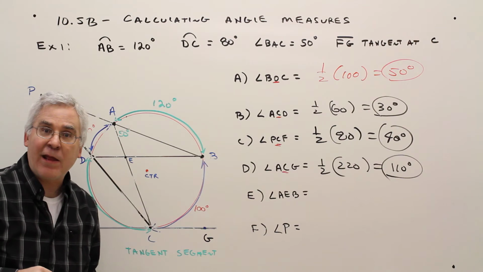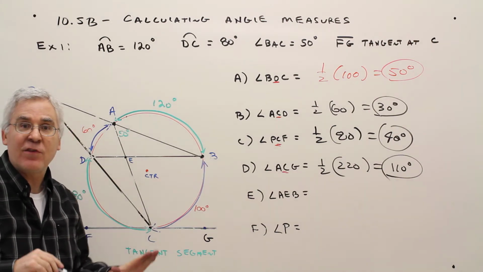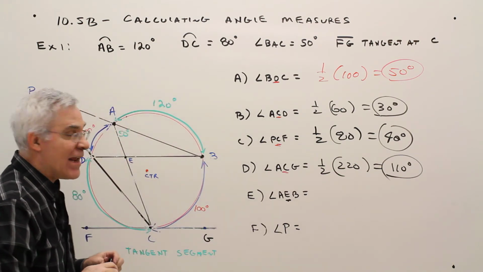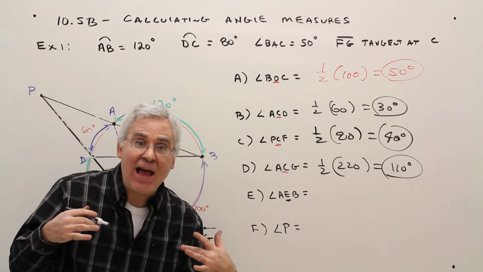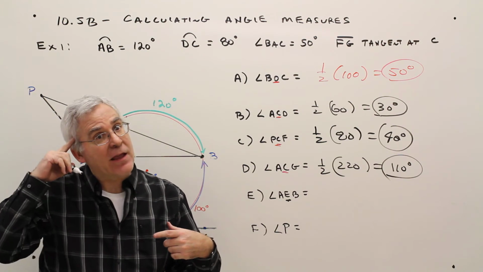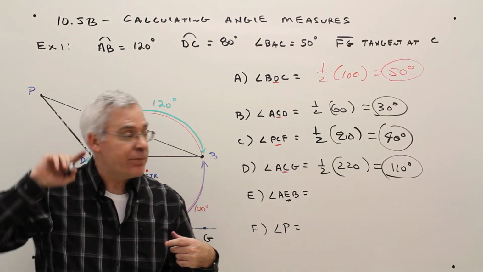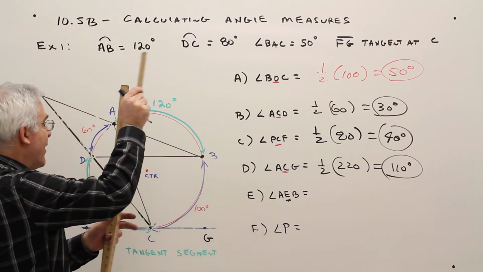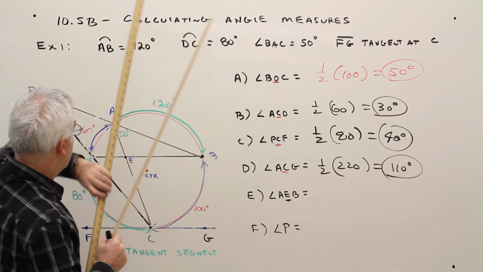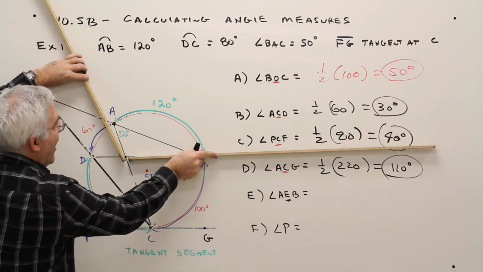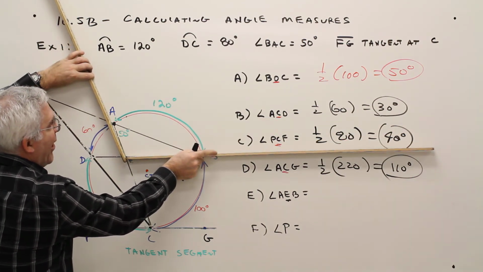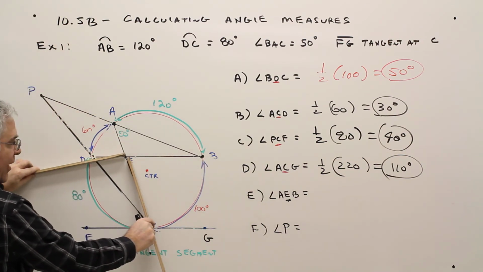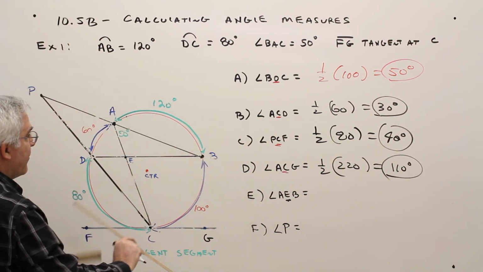Now for these two angles, the vertex is not on the circle. So vertex is at point E. Point E is inside, and for inside I'm thinking half sum. Okay? So AEB, let's isolate that. So AEB is that. So I've got this intercepted arc of 120 here, and then I want to go to the flip side, and that intercepted arc is 80.